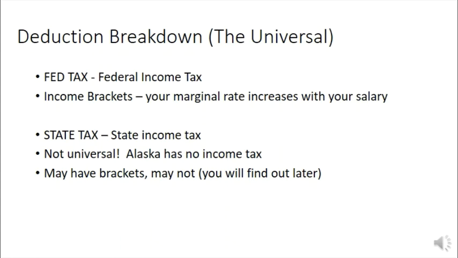Let's return to this Railway School paycheck stub for Tom. So what else is coming out of his paycheck? Well, there's federal income tax, and this is a progressive tax, meaning that your tax rate increases with your salary. The key thing to note here is these are marginal tax brackets, meaning additional.